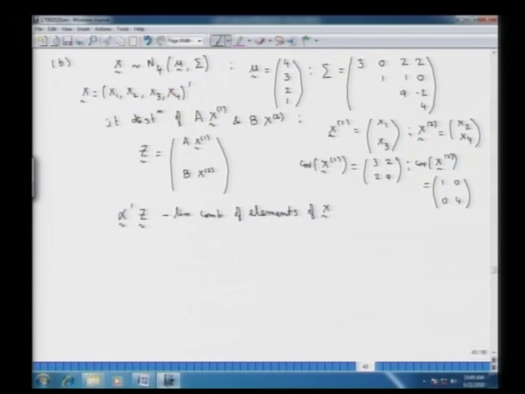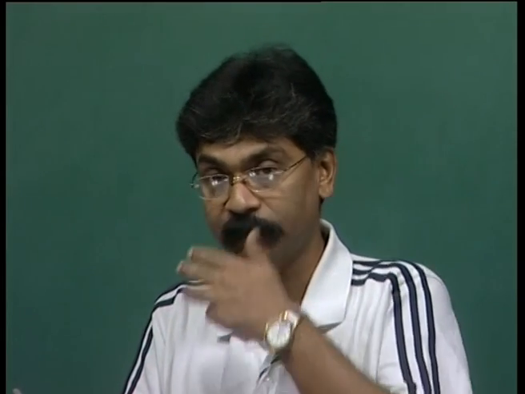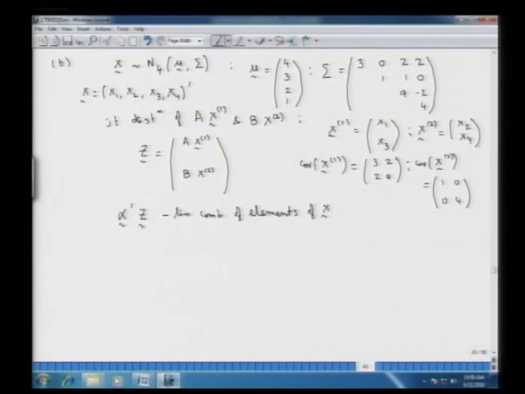By the definition of multivariate normality, x will have a multivariate normal distribution if and only if every linear combination is a univariate normal N1 random variate, and hence this alpha prime Z, a linear combination of elements of x, is going to be distributed as N1.